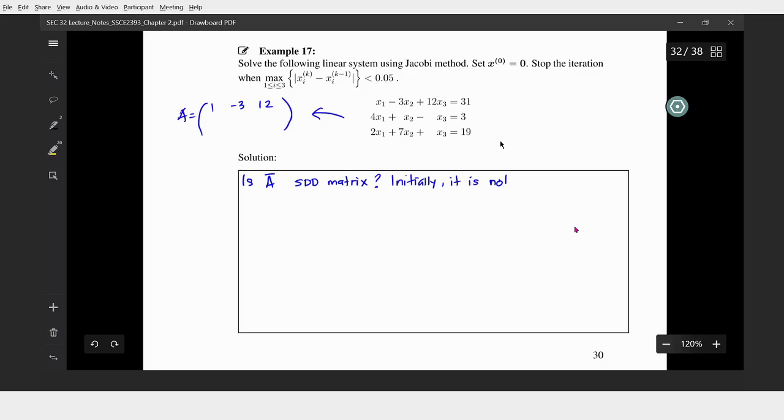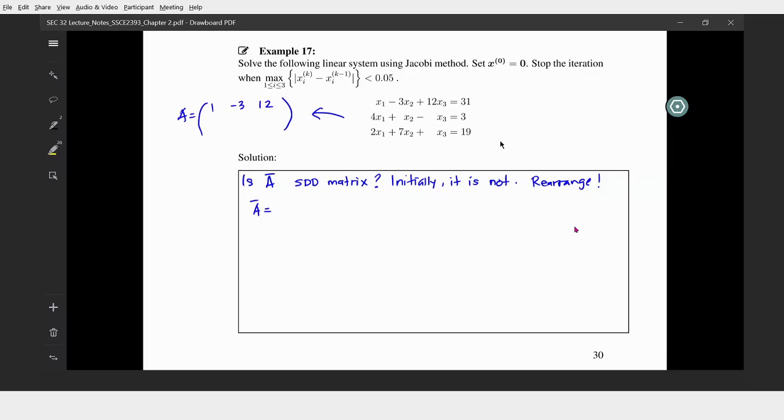Try to rearrange your system, your equations, meaning that you need to think of swapping rows here and there, so that you can come out with an A that is an SDD matrix, strictly diagonally dominant.